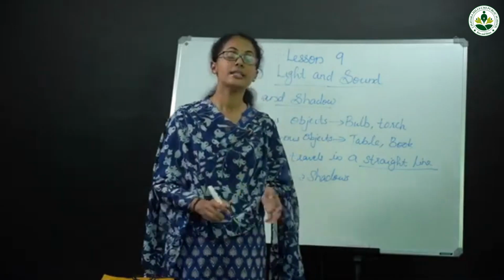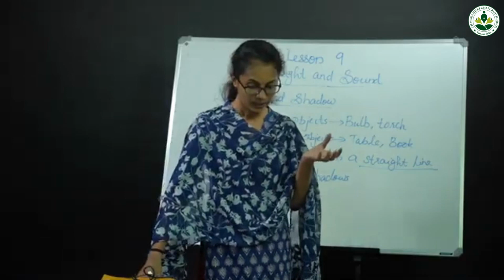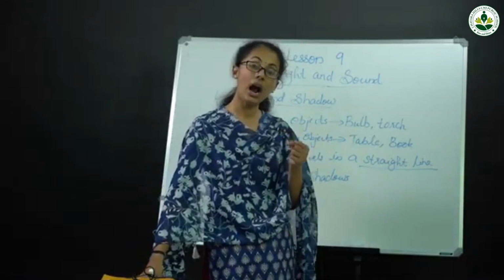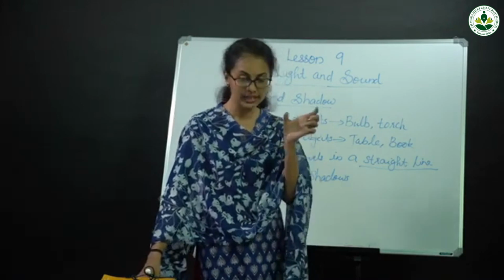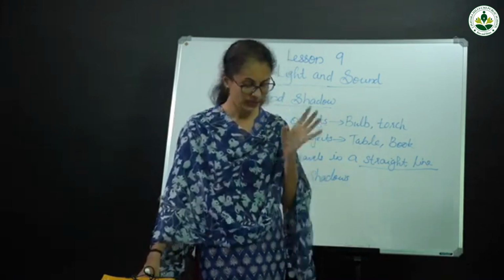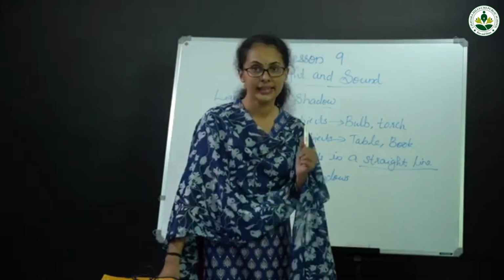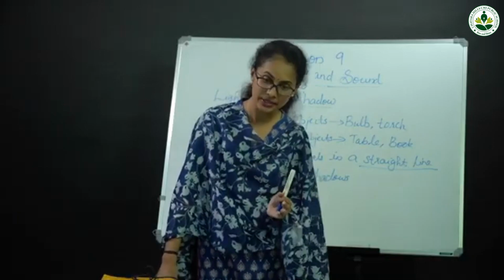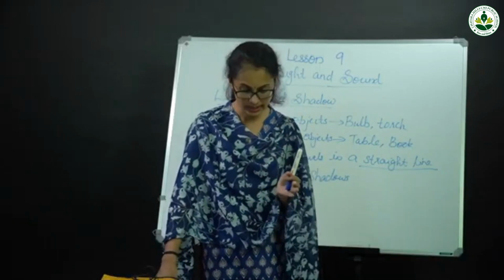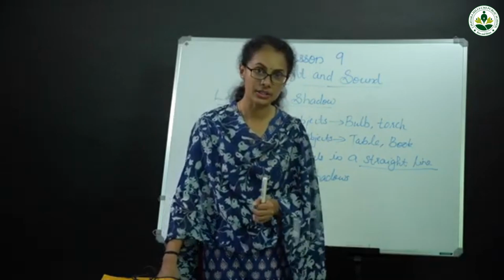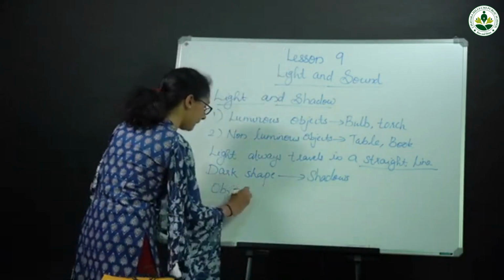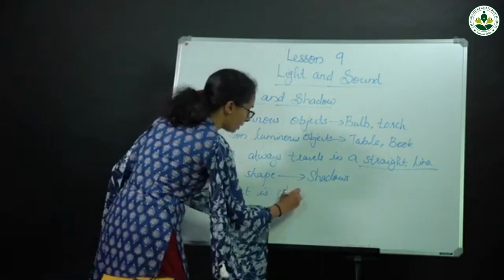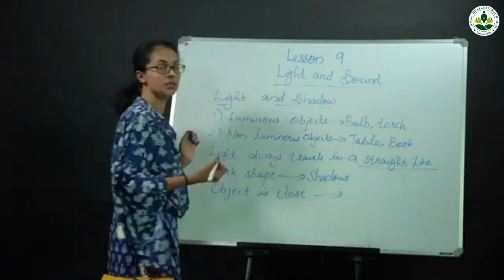The size of the shadow also depends on how close an object is to the source of light. If the object is close to the light source, the shadow is large.